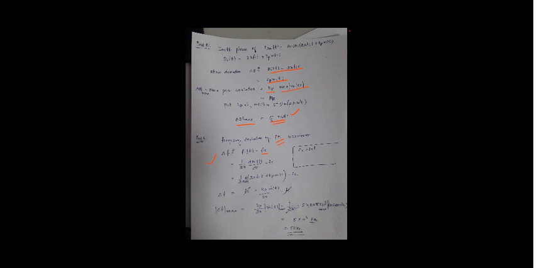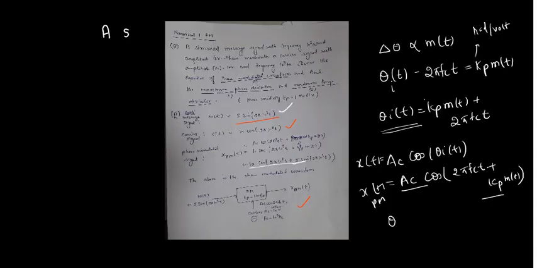So fi(t) is nothing but 1 upon 2π dθi/dt, and you know θi(t) from here. Once you evaluate it, it is nothing but kp by 2π times m dot t, the derivative of m(t). Put in the value of kp and differentiate m(t), and you get the answer as 5 kilohertz.